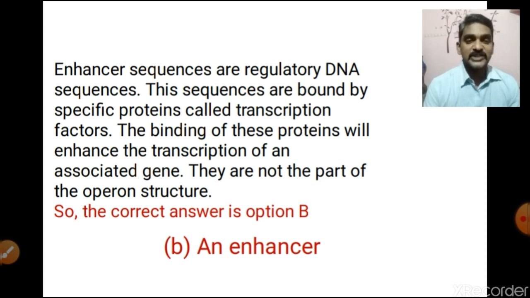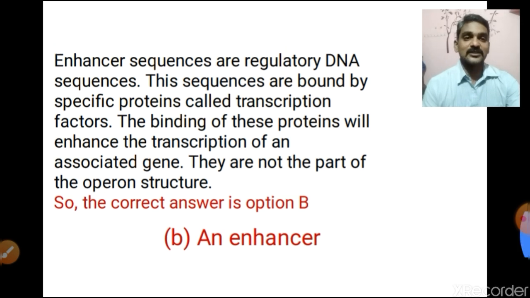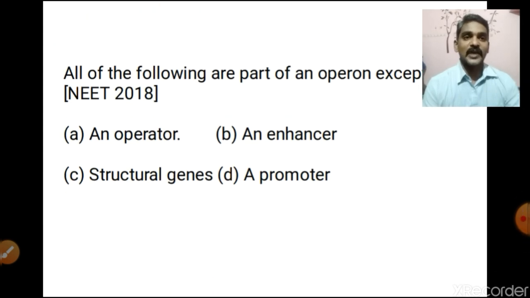If the transcription is occurring very slowly and these enhancer sequences are there, the transcription process will be enhanced. The associated gene's transcription will be enhanced by these sequences. So in the operon structure we cannot find this. So the option is B, enhancer. We cannot find the enhancer in the operon structure.